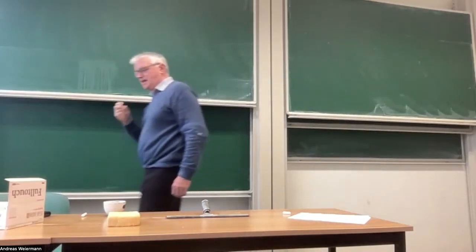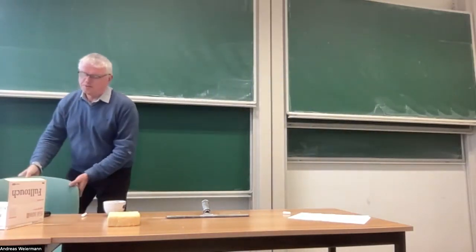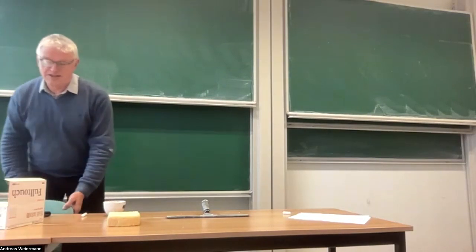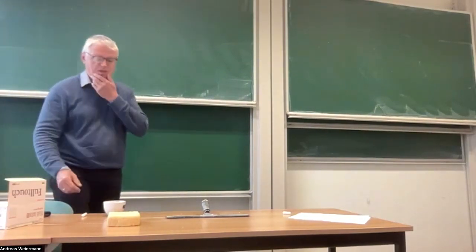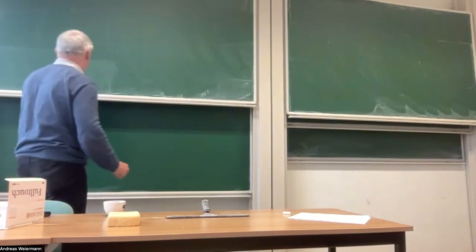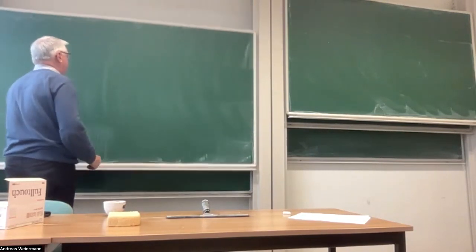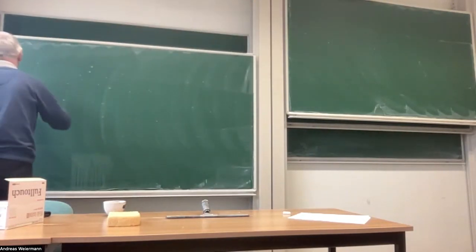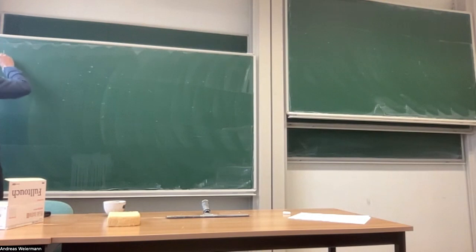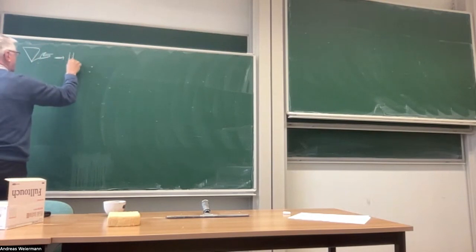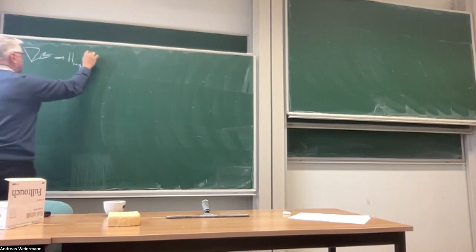So last lecture we looked at the Hydra battle. Just remember what the rules of the game were when H_i is a simple form like this. It was clear that H_{i+1} was just this one.